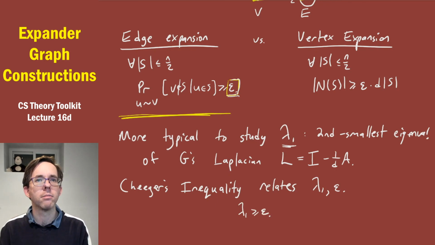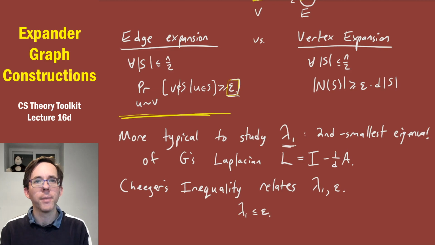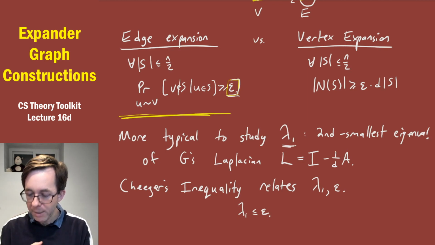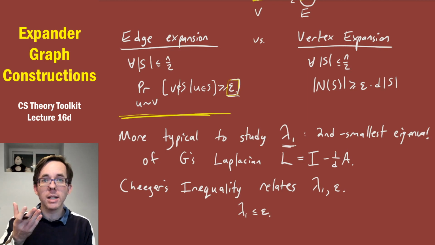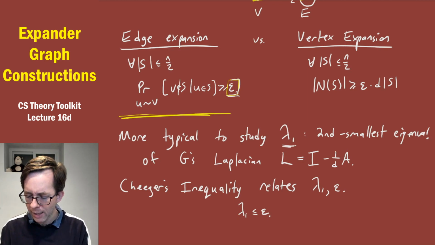Sorry, wait a minute, wrong way around. Lambda 1 is at most epsilon. Maybe there's a factor of 2 or a half, sorry if I'm getting this slightly wrong. But what it means is if you manage to construct a graph whose lambda 1 is large, then automatically its edge expansion is large. And that's the easy direction of Cheeger's inequality.